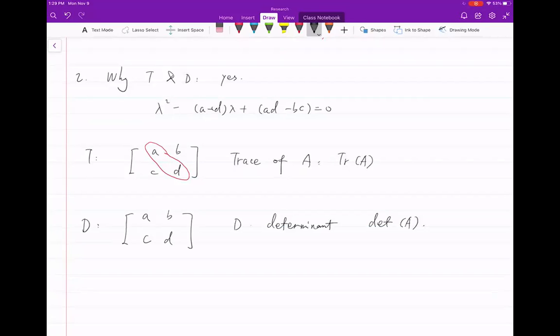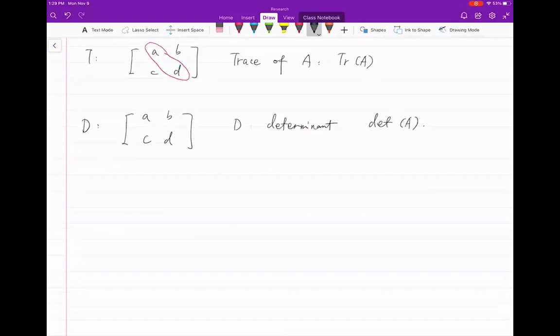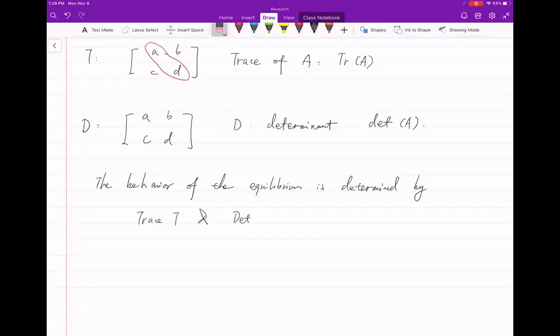So instead of saying trace T and D, let's rewrap what we have. What you're saying is basically the behavior of the equilibrium is determined by 2 very important values, the trace and the determinant of the matrix.